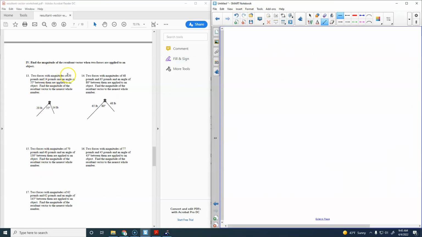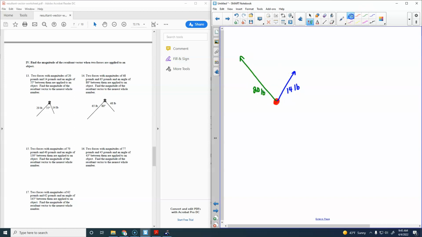You've got two forces with a magnitude of 20 pounds and 14 pounds and an angle of 55 degrees between them. I would draw your figure here. I would draw your 14 pounds. It doesn't matter which side you put them on. And 20 pounds.